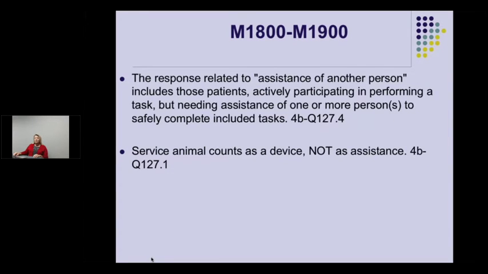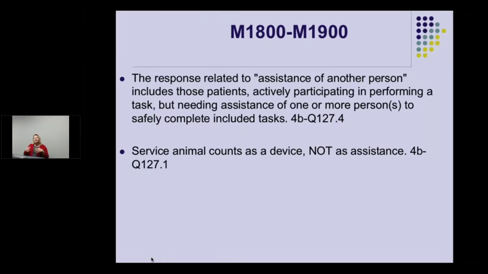The response related to assistance of another person includes those patients actively participating in performing a task, but needing assistance of one or more persons to safely complete the included tasks. Now, assistance of another person can include supervision. It can include the hands-on assistance of that person or persons.